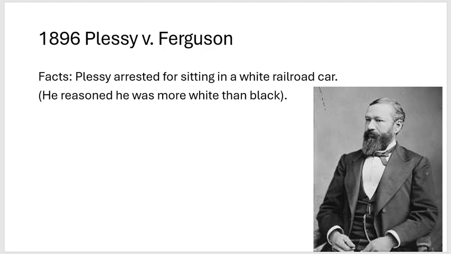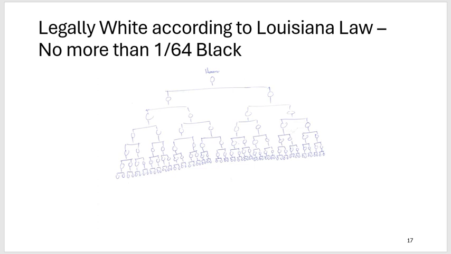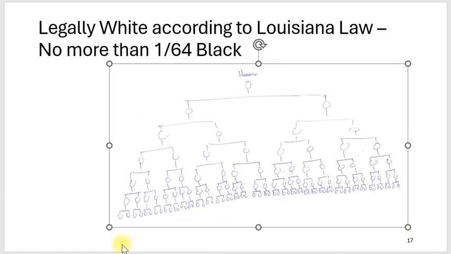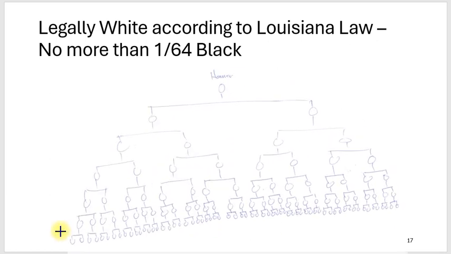But according to Louisiana law, an individual could be no more than 1/64th black and still be considered white.